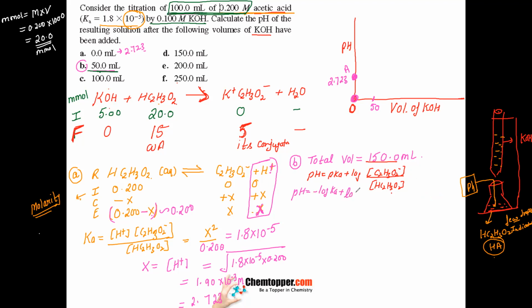I'm not calculating concentration because the volume is same. So I'll take the ratio of the millimoles, that is 5 over 15. Negative log of Ka is how much? Ka is given. Children here, Ka. Dhruv, you can see it?